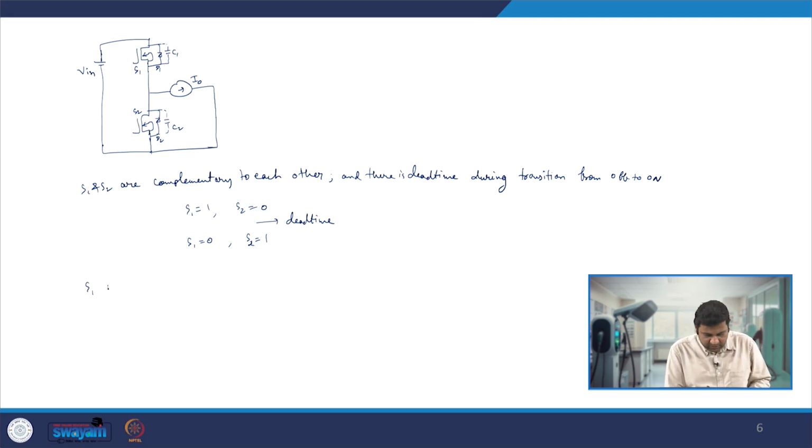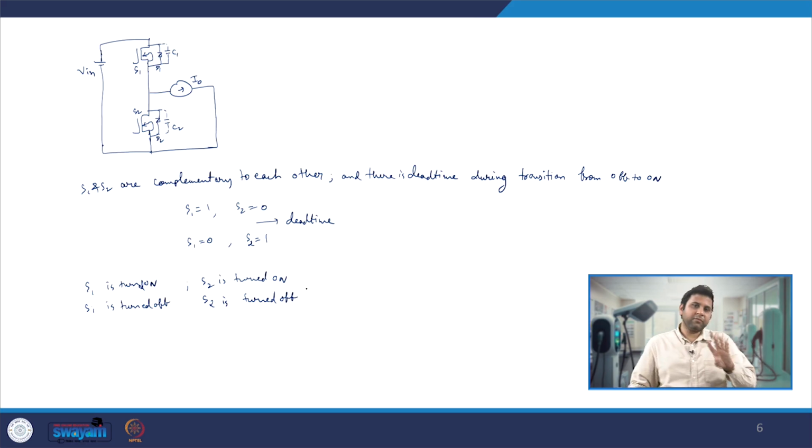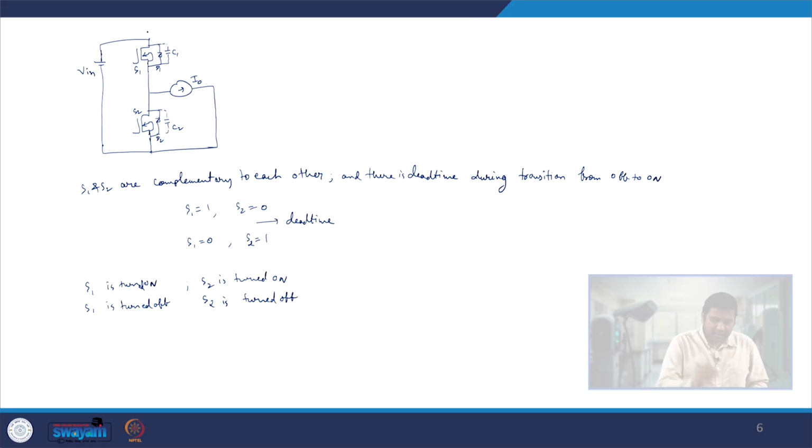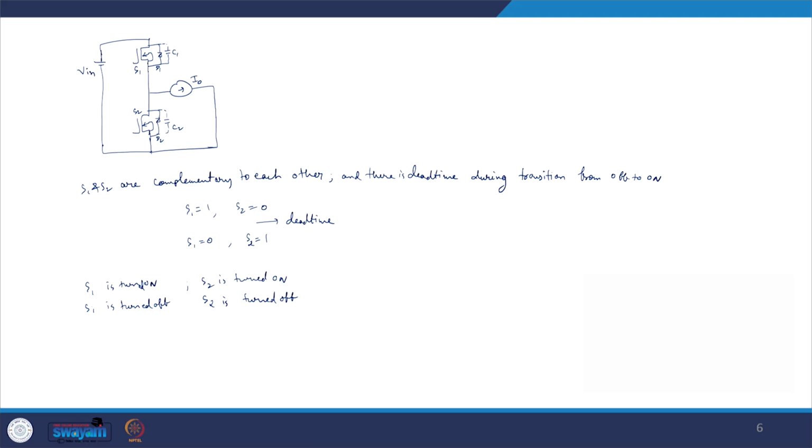One instance is when S1 is turning on, another is when S1 is turned off, another is when S2 is turned on, and the other is when S2 is turned off. There are only 4 transitions which take place in the half bridge, which is one of the building blocks of any voltage source fed power converter.